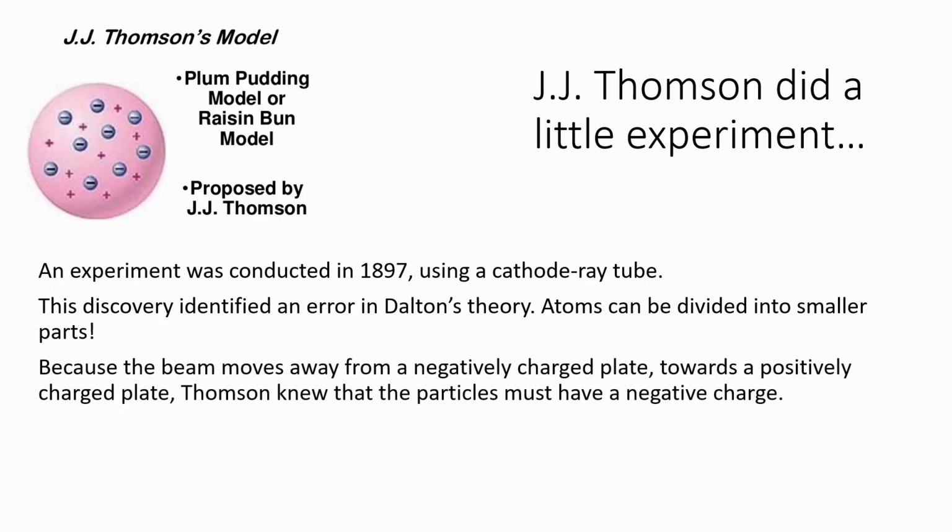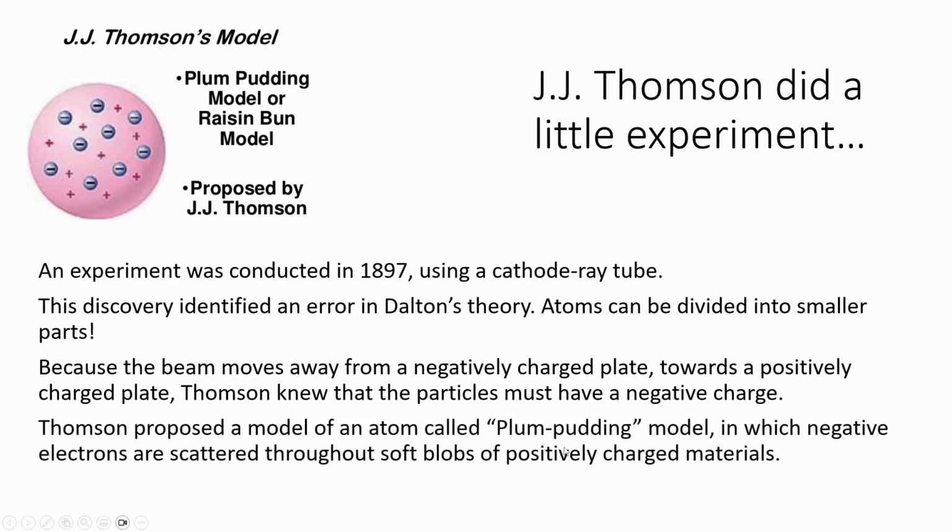So what he found was, with the cathode ray tube, there is a beam of light, of electrons, and he found that by moving charged plates towards this beam, the beam would move away. So instead of staying straight, it would move from left to right. And so from this, he found that particles must have a negative charge.